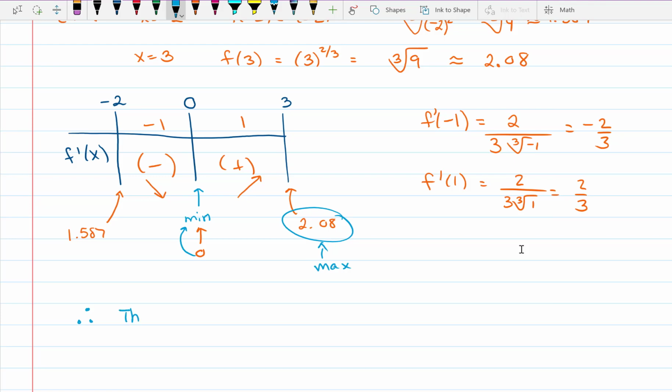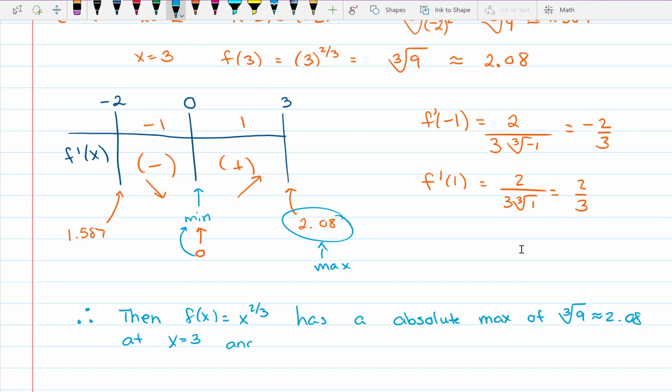Therefore, f of x is equal to x to the 2/3 has a max, and we can say absolute max of the cube root of 9, which is about 2.08 at x equals 3, and an absolute min of 0 at x equals 0.